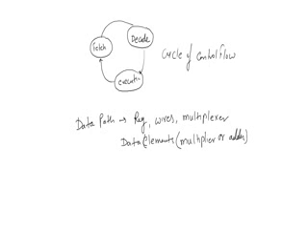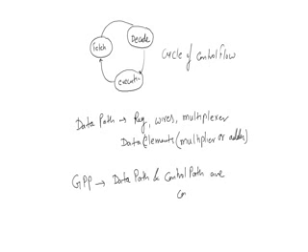Okay, so these things are there in the data path. If you see in a general purpose processor, the data path and control path are complex.